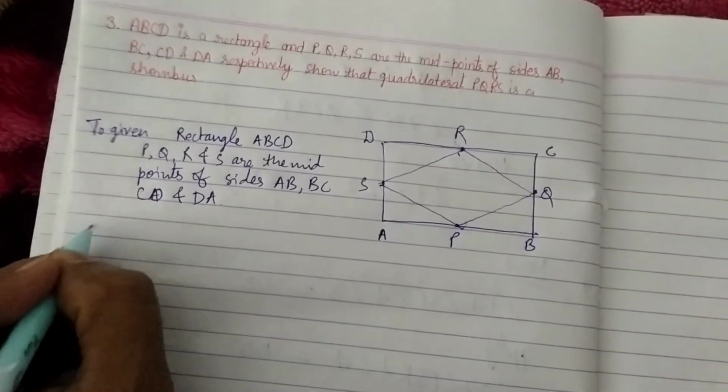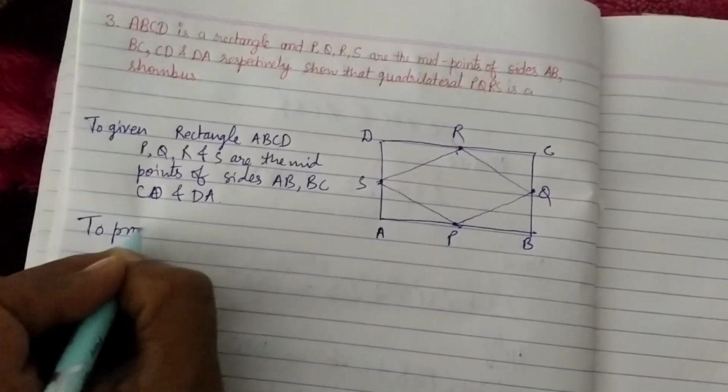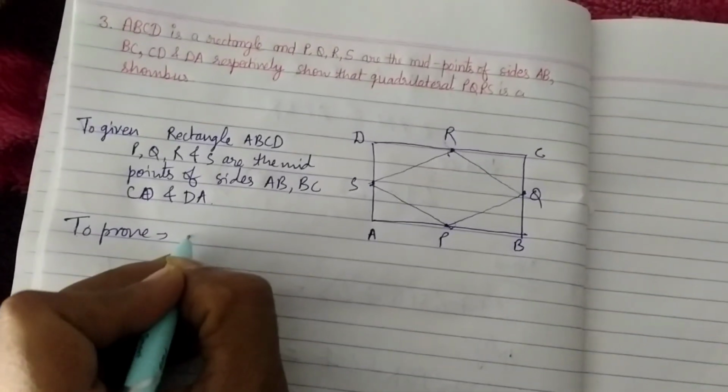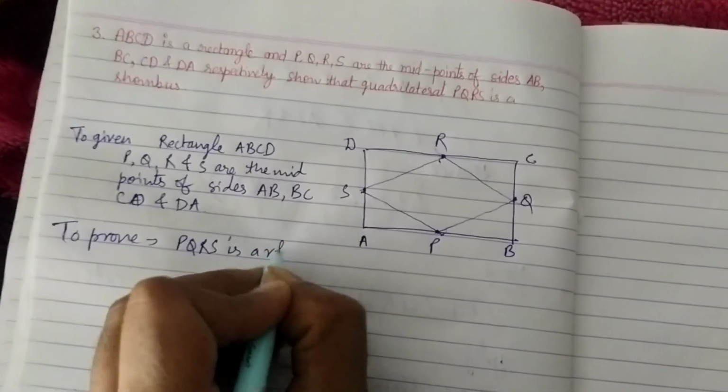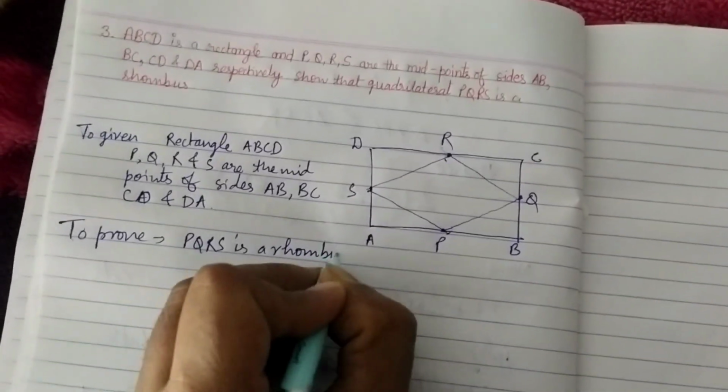And to prove, what do you want to prove? PQRS is a rhombus. This we want to prove.